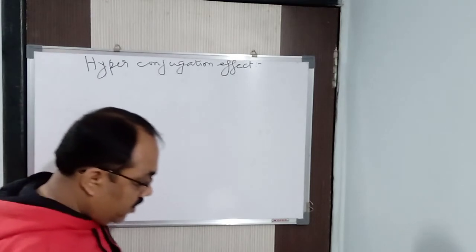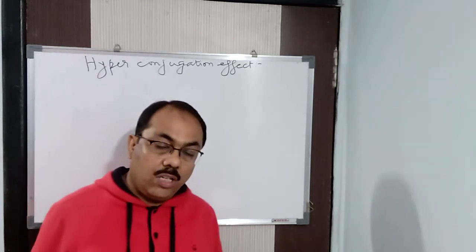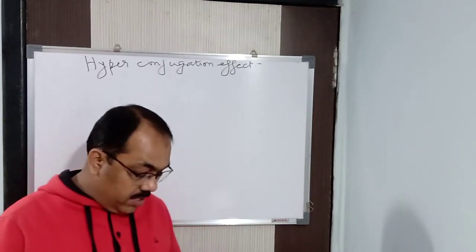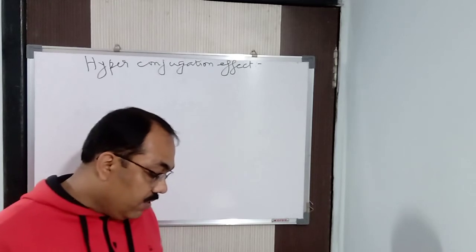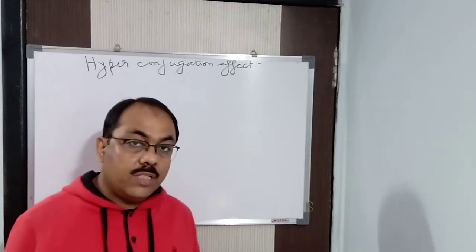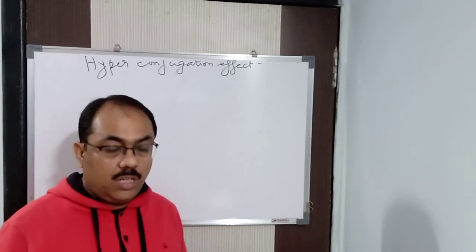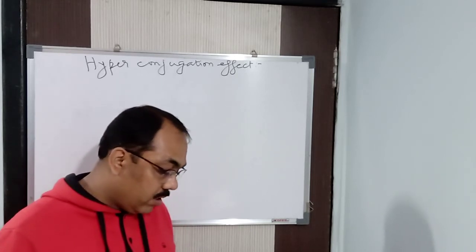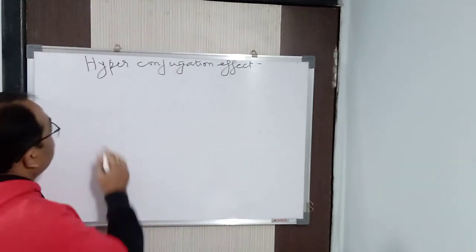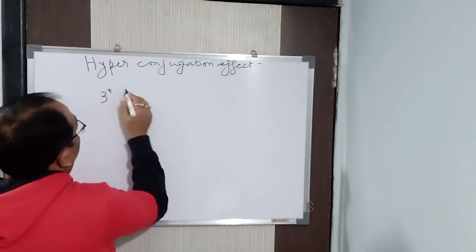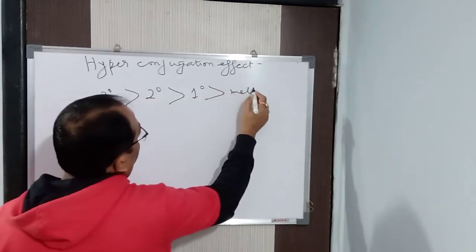The inductive effect of the alkyl group on a saturated carbon chain, you can write it down, follows the order: 3 degree is greater than 2 degree, is greater than 1 degree, is greater than methyl.